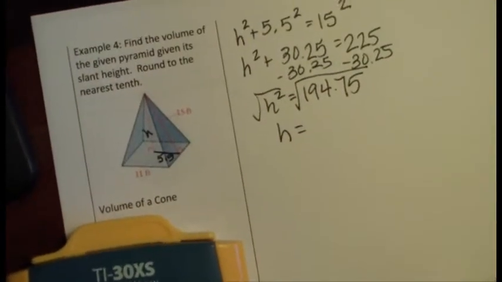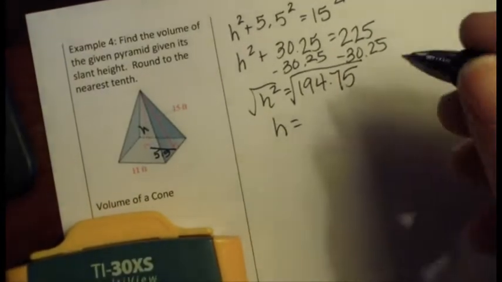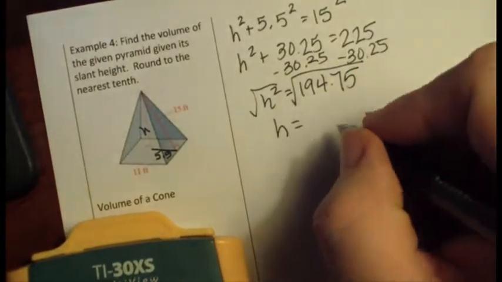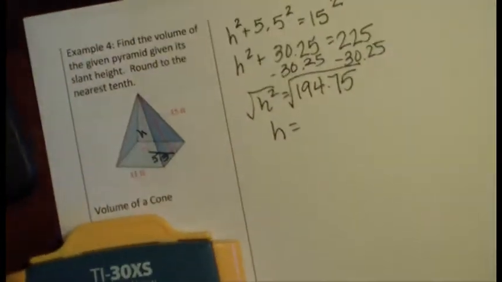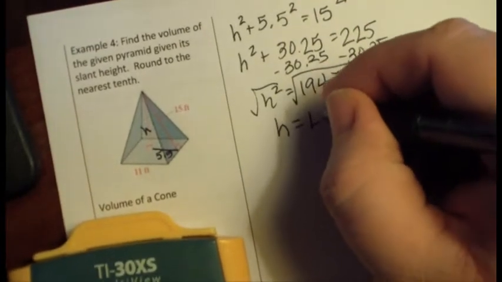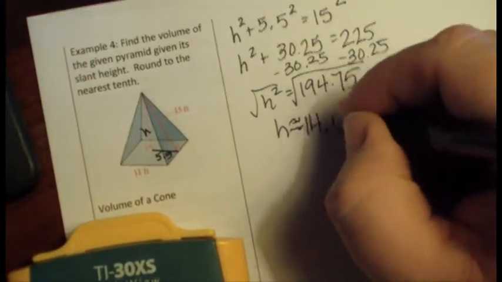So the square root of 194.75 is 13.95. It wants it rounded to the nearest tenth, so that would round up to 14, approximately 14.0.